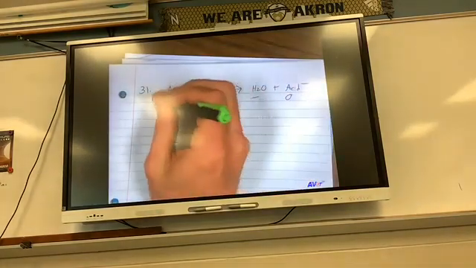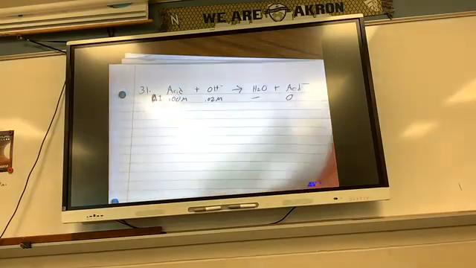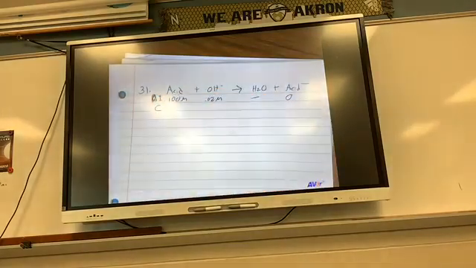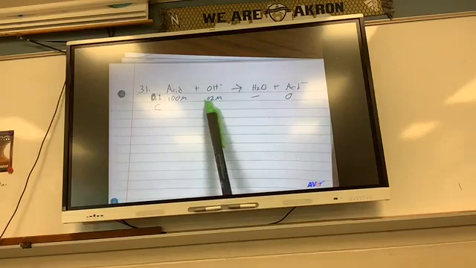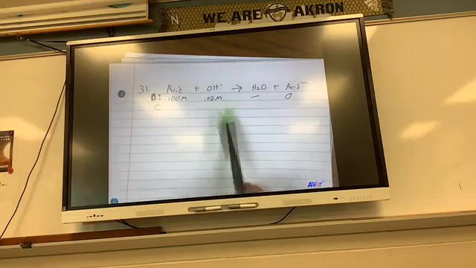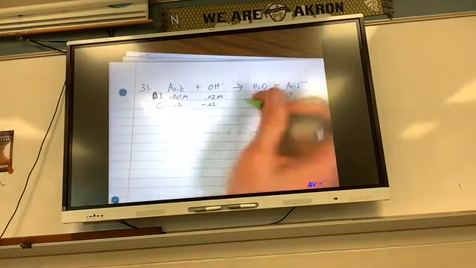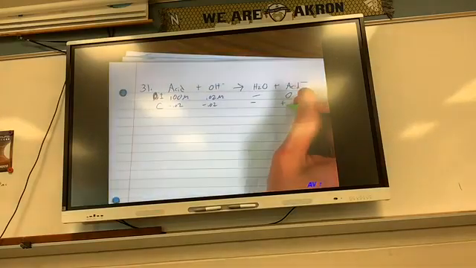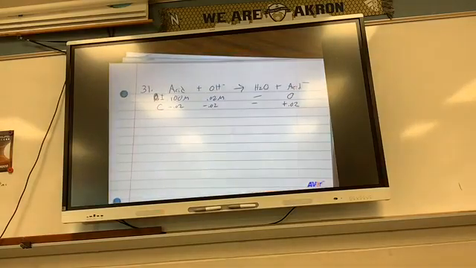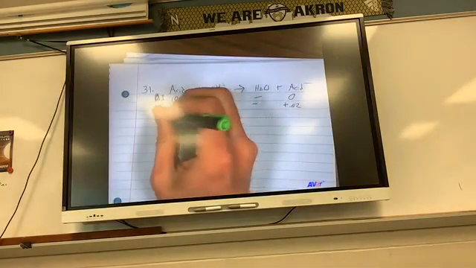Why did I put R there? That should have been my I. I was getting confused. Change. What's my change? Not minus X. You're minus your 0.02, because that's my limiting reactant. So minus 0.02, minus 0.02, not part of it, plus 0.02. I have to subtract that.